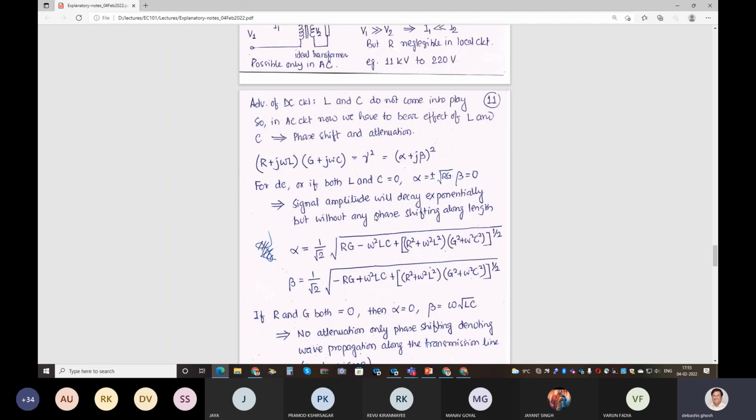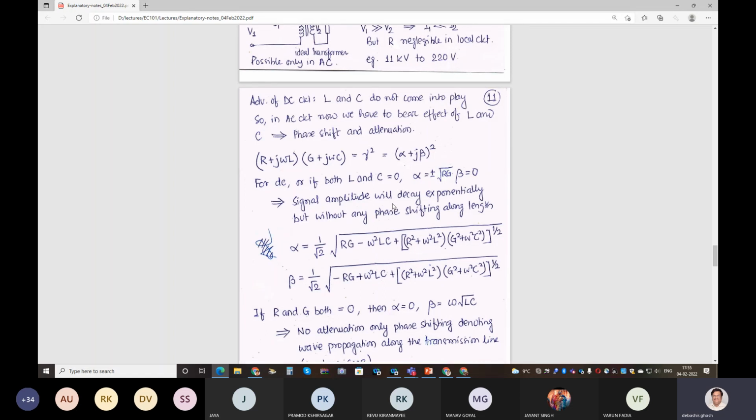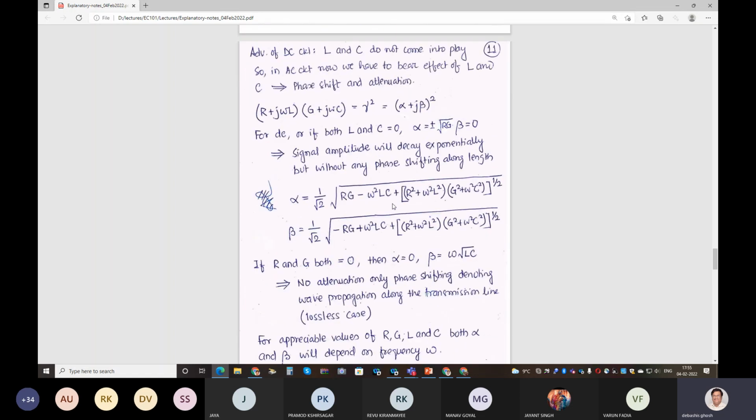But in electromagnetic waves, we might think of going for lower frequency, but the problem is that for transmission of electromagnetic waves to carry messages, for example audio, we cannot go for lower frequency.